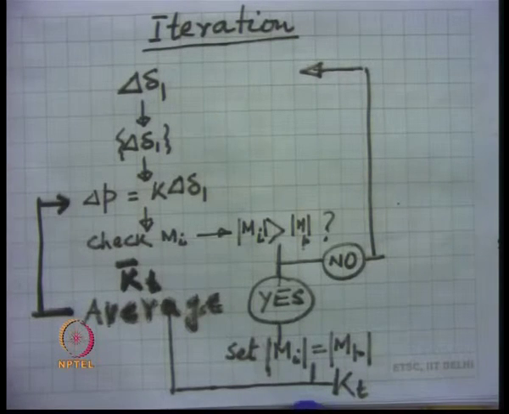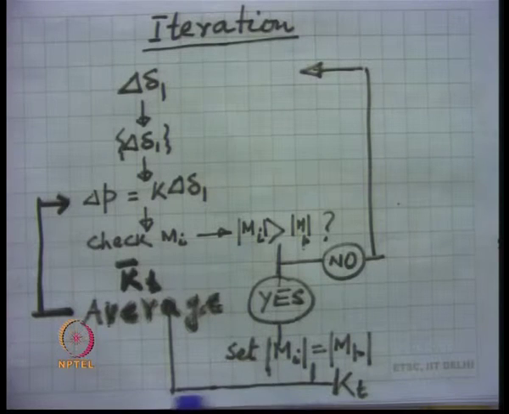That means for those cross sections where the moment has exceeded the value of MP, we introduce an ordinary hinge and calculate a revised stiffness matrix.